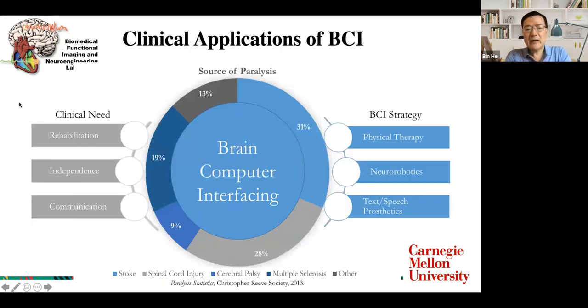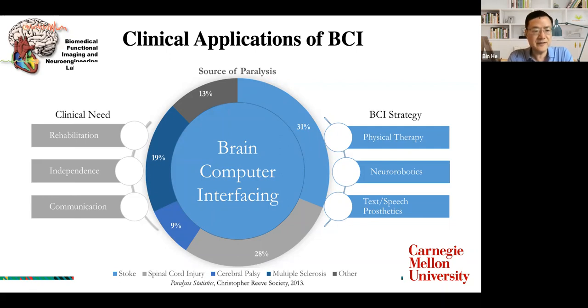Now, how many diseases would need such neurorobotics or rehabilitation and assistance? This slide illustrates a few of the medical conditions. For example, stroke and spinal cord injury are two of the most affected diseases, each constituting about 30% of the paralysis in the population.